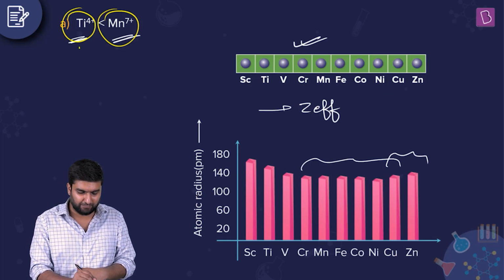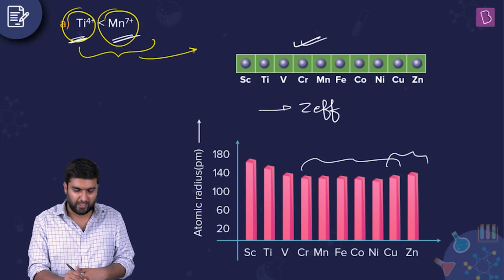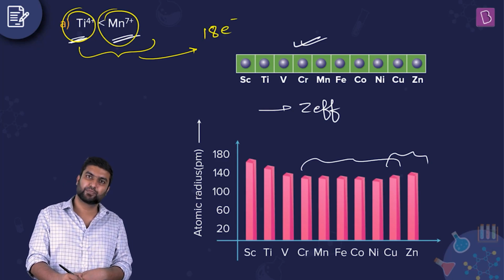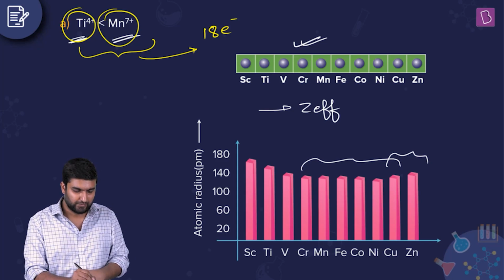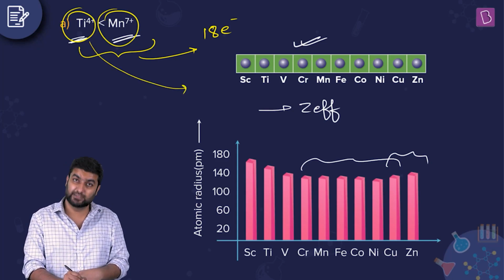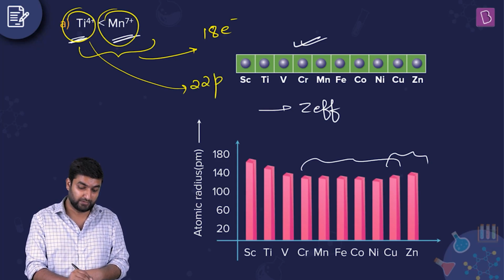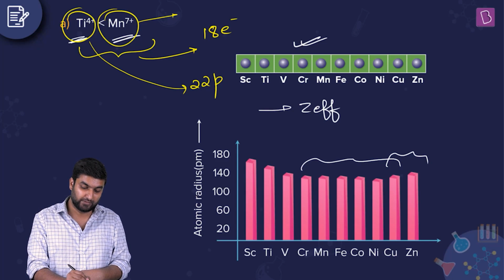So both of them have 18 electrons. They are isoelectronic. But this titanium species has 22 protons, and this other species has 25 protons.